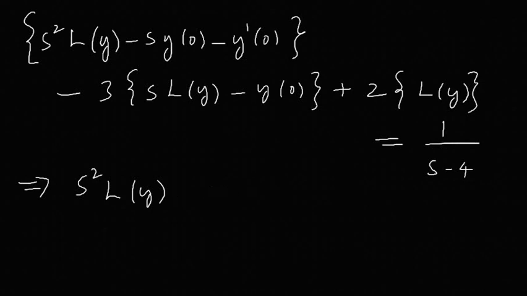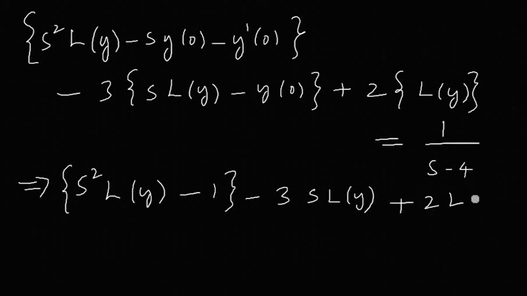Because y of 0 is 0, I'm just skipping this term. And y dash of 0 is 1, so it is 1. So this one minus 3 times of s into L of y. And because y of 0 is 0, this term is gone. So plus 2 times of L of y is equal to 1 by s minus 4.